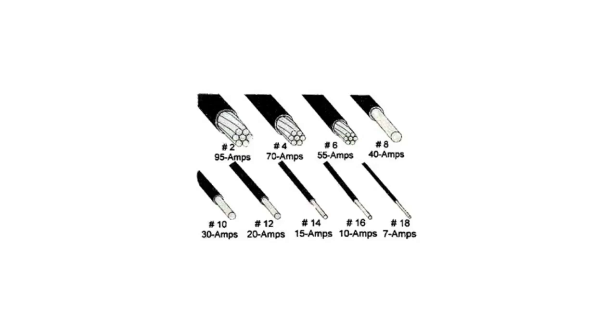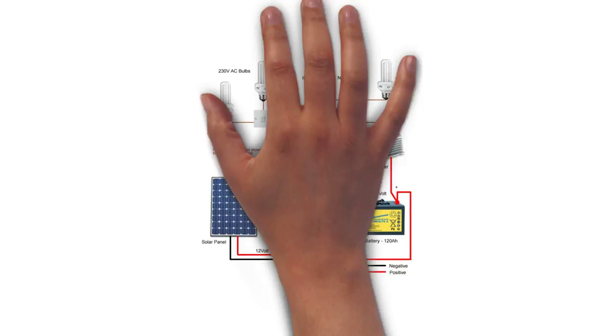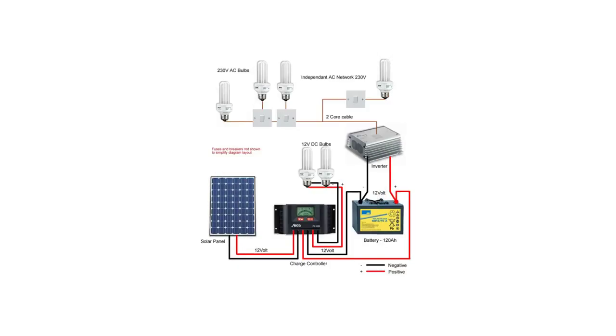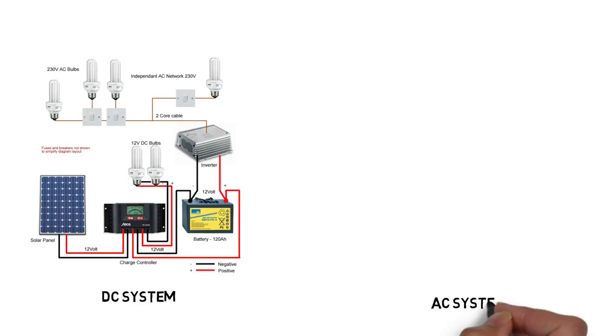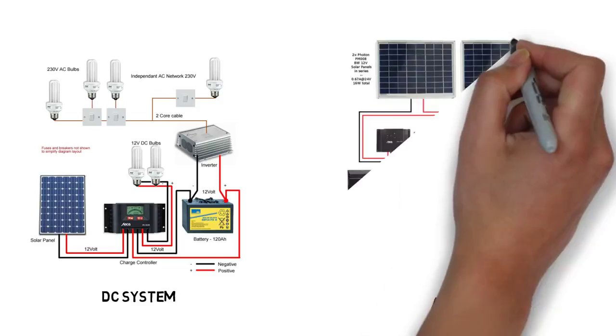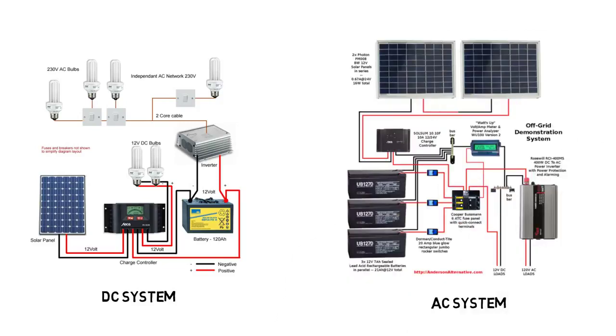A link to the URL has been included in the resources section, and that will tell you how much ampere would mean what gauge wire to select. The wiring of a DC and AC system has also been included, and you will note that in a DC system the inverter is missing. See the resources section for more details.